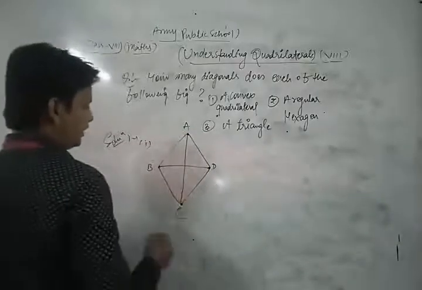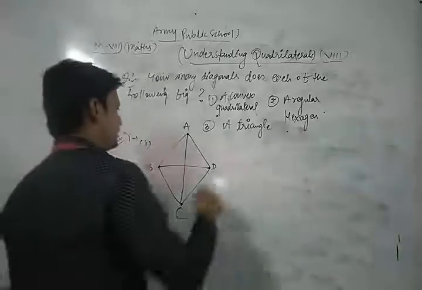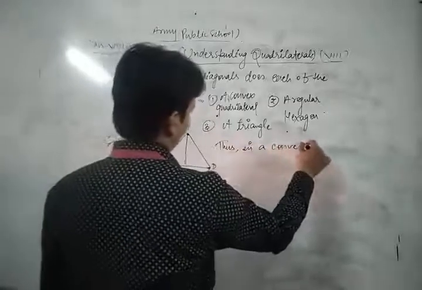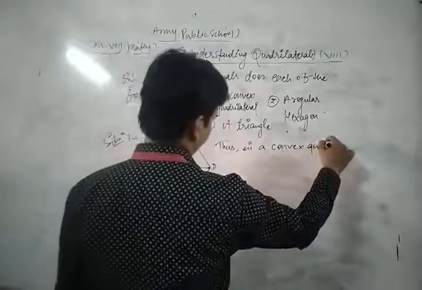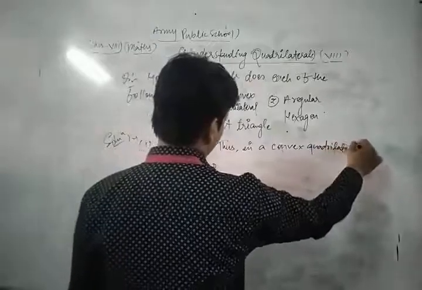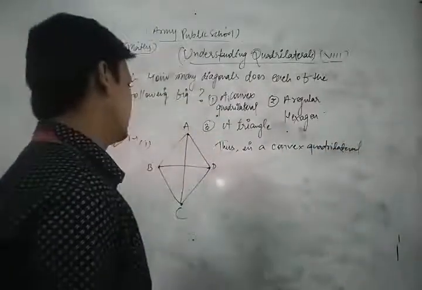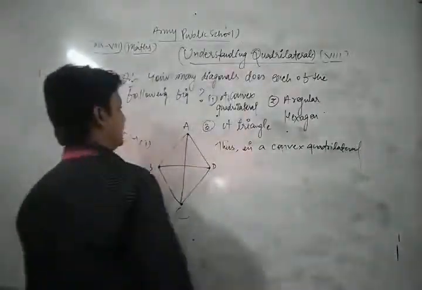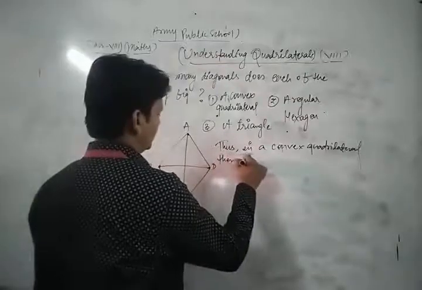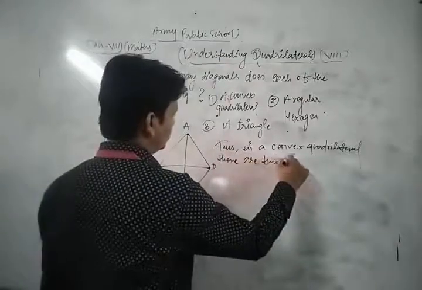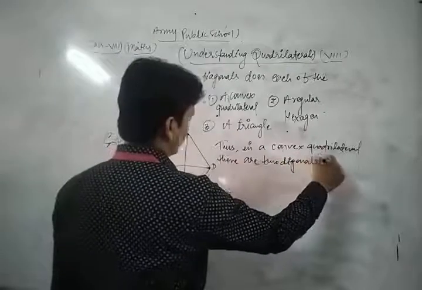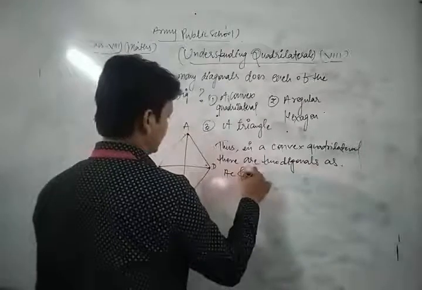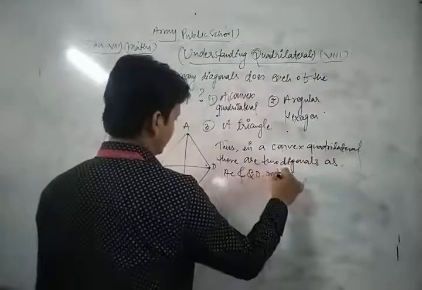So here the two diagonals are BD and AC. Thus, in a convex quadrilateral, there are two diagonals, AC and BD.